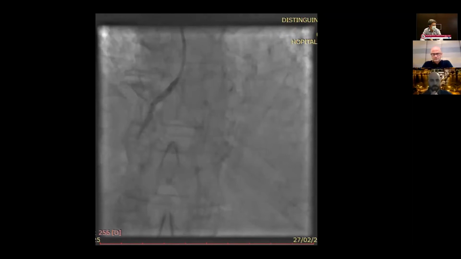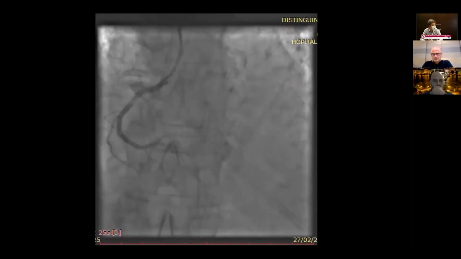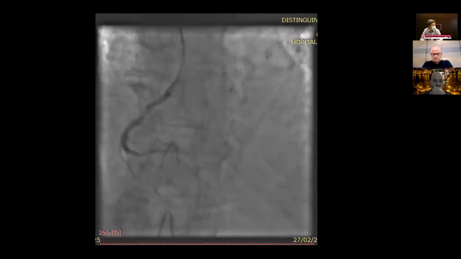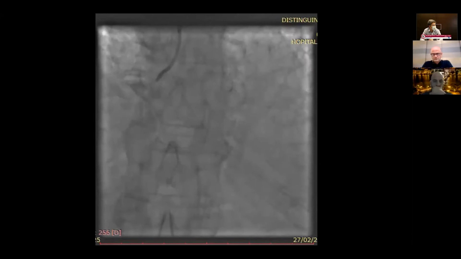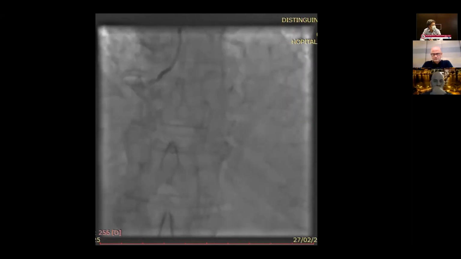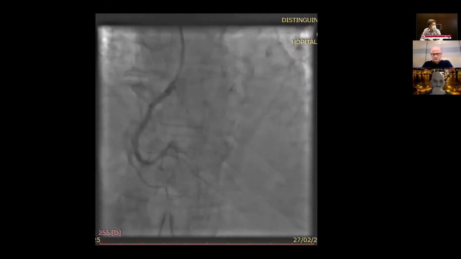Sometimes what I do when I feel I'm going to have to change guides and the lesion might not be easy to cross is, if you have a long wire, a 300 centimeter BMW wire, you can change a guide while keeping the wire in place, as long as you put another J wire in the aorta. So that's doable. We could change to an AL without losing access to the true lumen of the distal right coronary. But second of all, once you were in a position where you had your microcatheter distally, now you're in great position to put a rota wire in, you're in the true lumen, you have experience with rota.